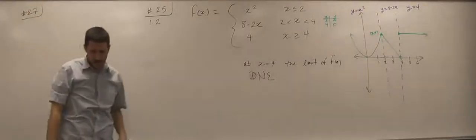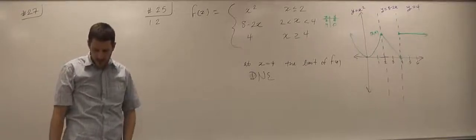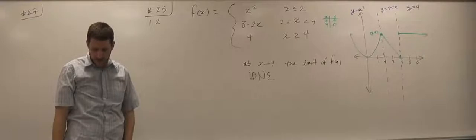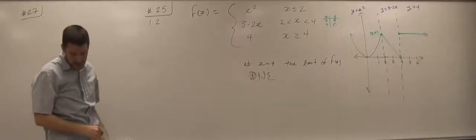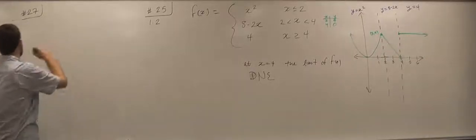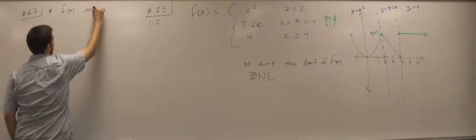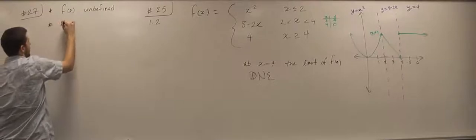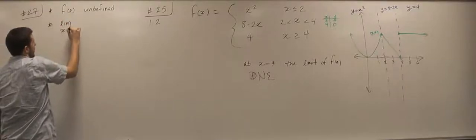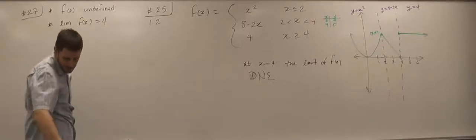So number 27, sketching a graph. They give you some conditions that a function is supposed to satisfy, and then you have to come up with a graph that meets those conditions. So it gives you, let's see, f of 0 is undefined. The limit of f of x as x goes to 0 equals 4. So I'm going to write these down. Here's your conditions. F of 0, undefined. Limit as x goes to 0 of f of x, 4, I think.